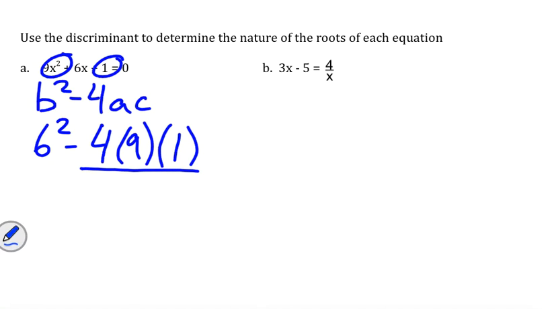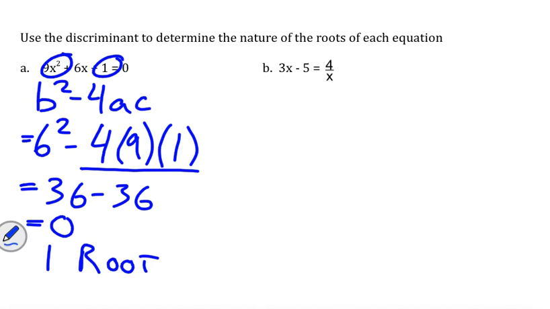If they're both negative, then it goes back to being negative. But if either of those is negative just by itself, it makes it positive, and you're always going to have two real roots. So here we're going to get 36 minus 36, and 0. So we get one root, or two identical roots.